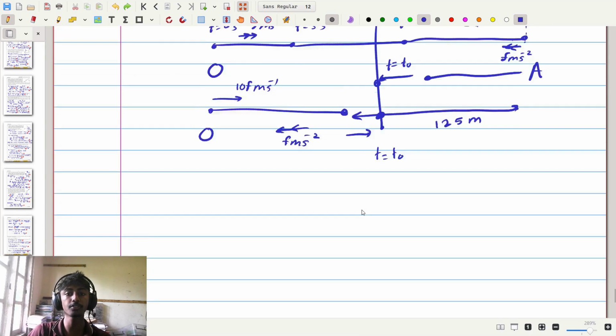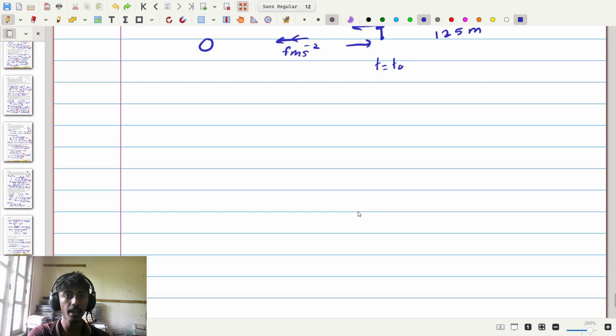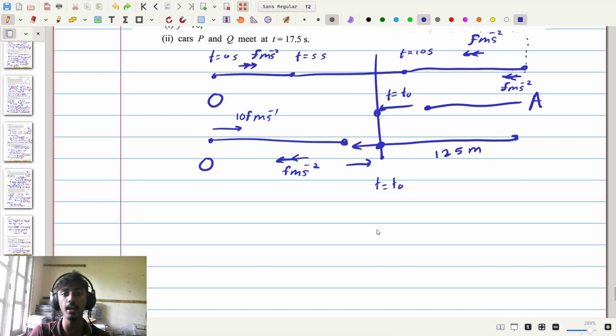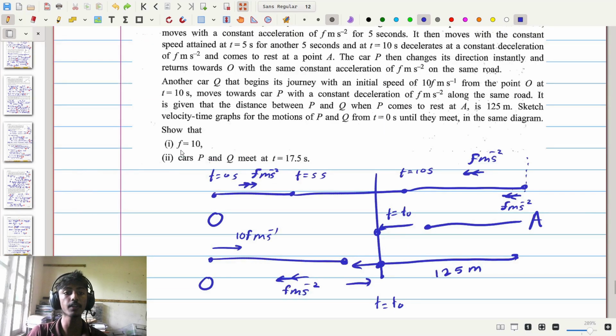So for this, I'm going to sketch quickly a velocity time graph and draw both the velocities of P and Q with respect to time from t equals 0 until they meet at t equals t0, and we're going to figure out what we can use from that diagram in order to find the values of f and also the value of t0. So let's go.